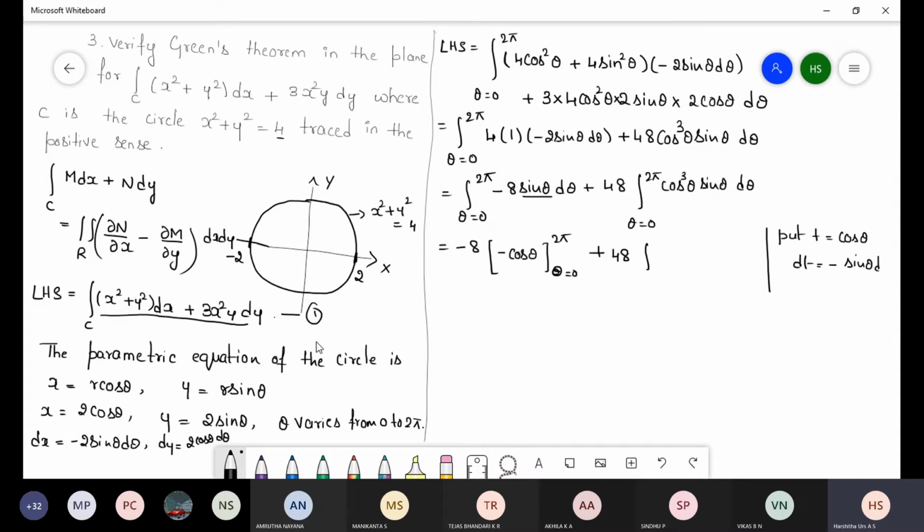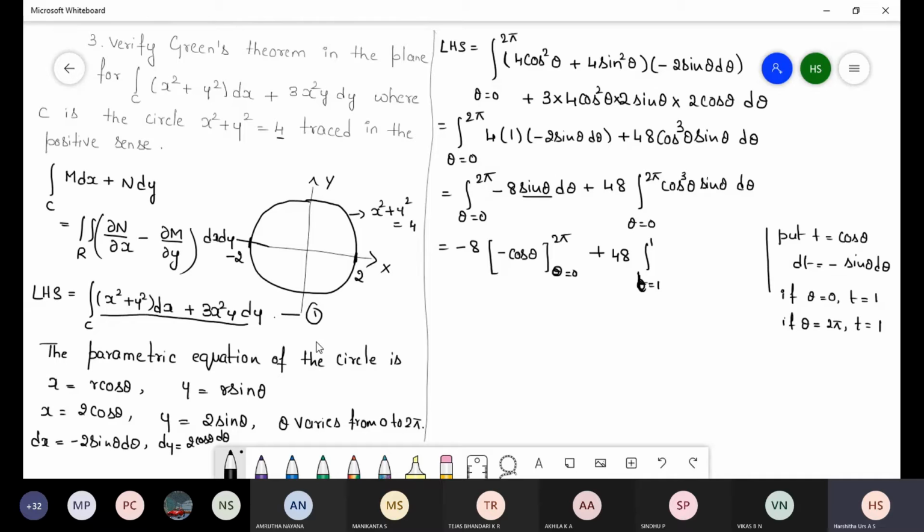If theta is equal to 0, t is equal to cos 0, which is 1. If theta is equal to 2 pi, cos 2 pi is also 1. So t varies from 1 to 1, because cos 0 is 1 and cos 2 pi is also 1.